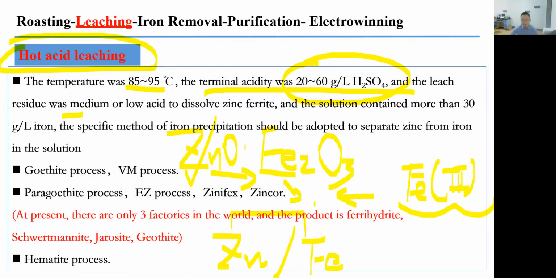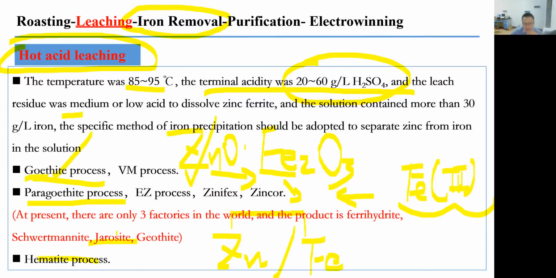So we have to think about the iron removal or iron separation from zinc in the leaching solution phase. And in industry, there are some developed and used technologies for iron removal, like the goethite process, the hematite process, and the jarosite process.